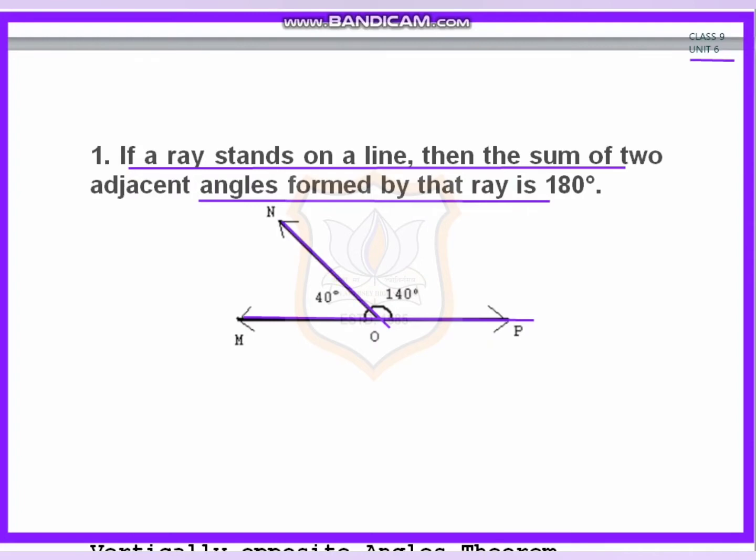This angle is 40 degrees, so the other angle would be 140. Why is it 140? We know the property: the sum of both angles equals 180 degrees. Adding the two angles, 40 degrees plus 140 degrees equals 180 degrees.